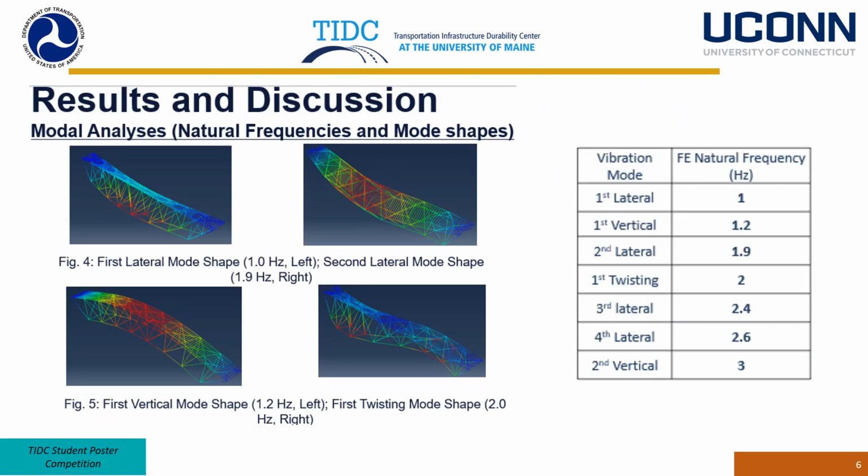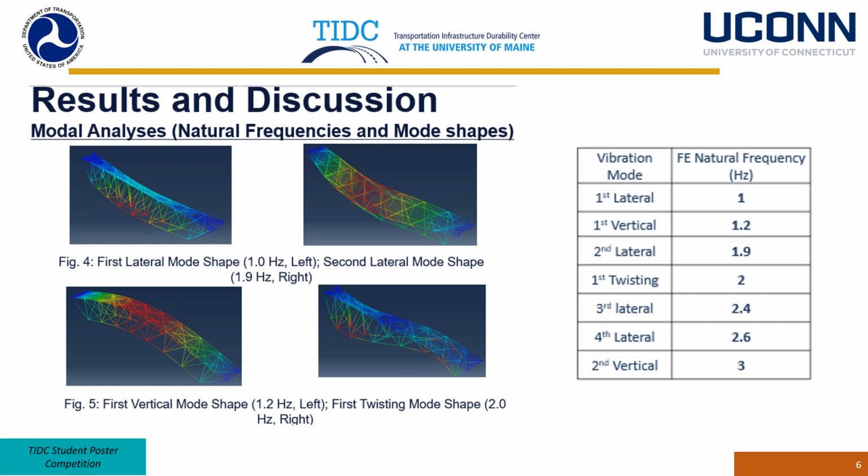And discussions. The first thing we did was modal analysis of the developed finite element model corresponding to the Tilton-Belmont bridge, and we determined the different natural frequencies and mode shapes of this bridge. The left hand side of this slide provides the different mode shapes such as figure number 4 and 5.